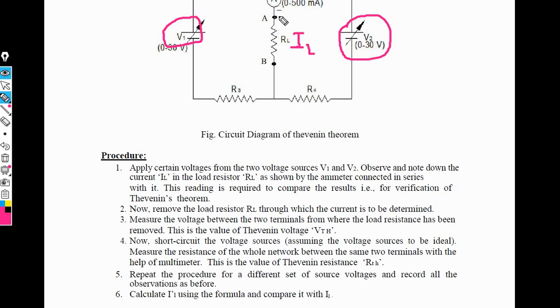First we remove branch AB, that is the resistance RL.